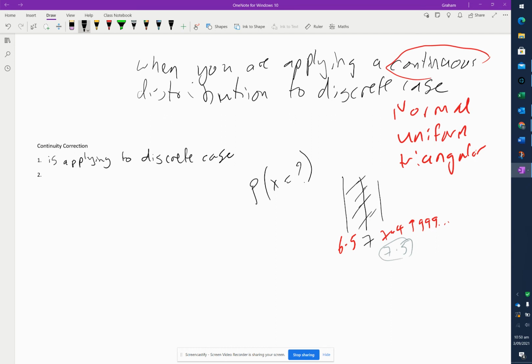The other time we might have to apply a continuity correction is if my numbers are rounded.